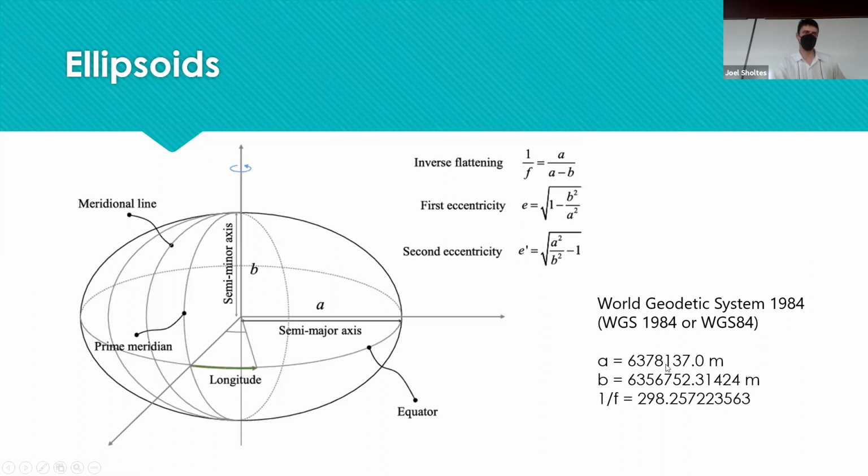So this is, let's see here, 6,378,137 meters for A, and B is 6,356,752 meters. So not that far off, right? We're looking at, what is that, about 22,000 meters of difference.